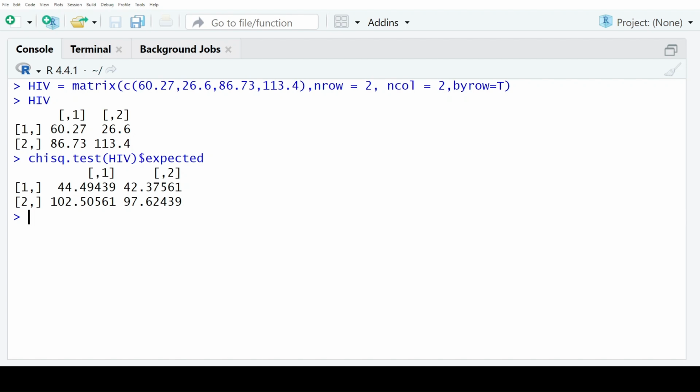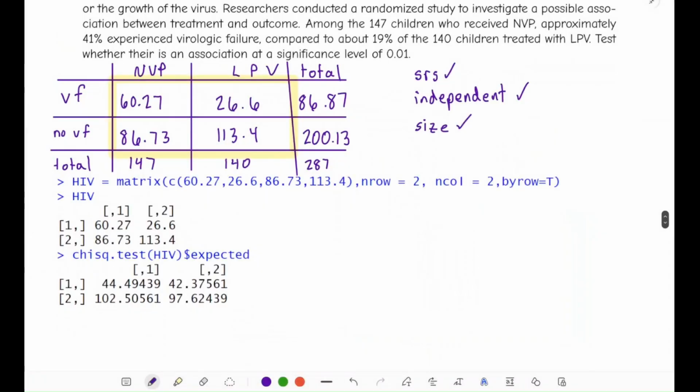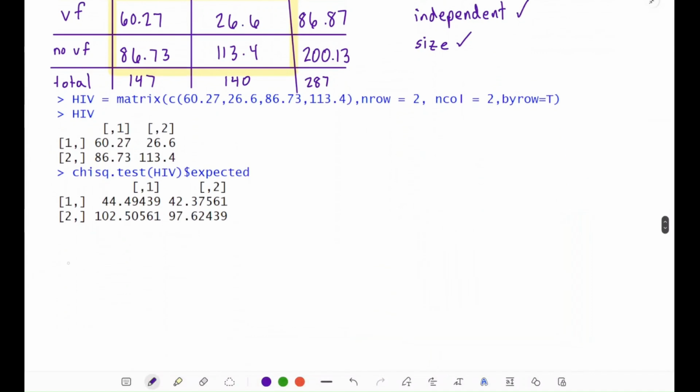So let's go ahead and copy this so I can paste it into the notes. And go back to the notes. So there we go. So now, what was the claim here? The claim wanted to see if there was any association. So if they're associated with each other, that means they're not independent.